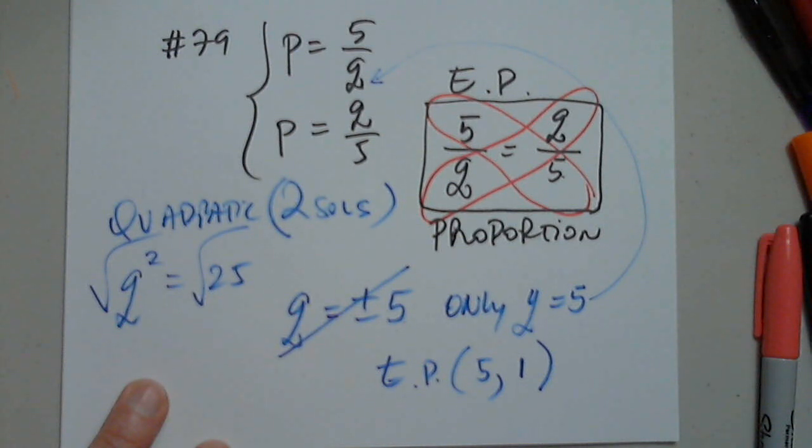And on the other one, what did we get? We got 2, comma 3. That's the equilibrium point. Any questions? Anyone?